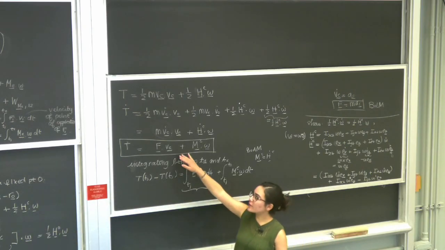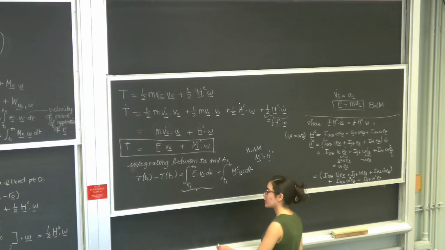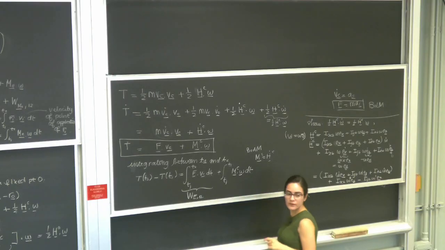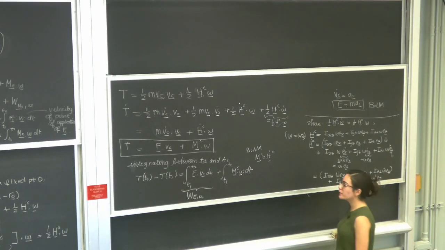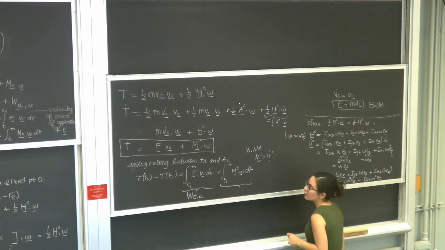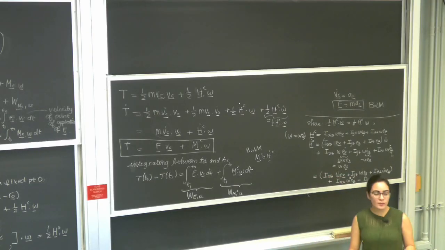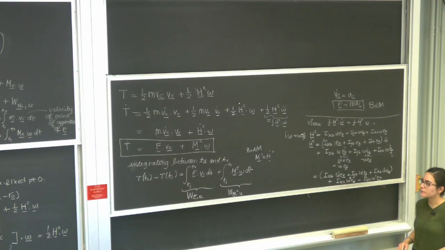This F dot v_C is the power of the force F. The integral of F dot v_C dt is the work. So that's the work of the force F from 1 to 2. Okay? And then here we also define the work of a moment. So the work of a moment is just the integral of M dot omega dt.